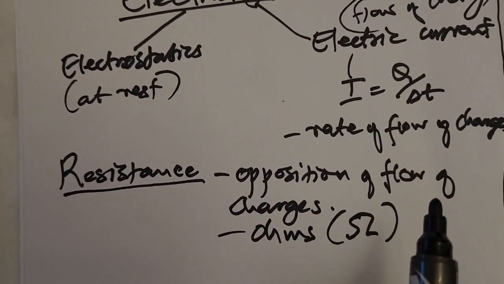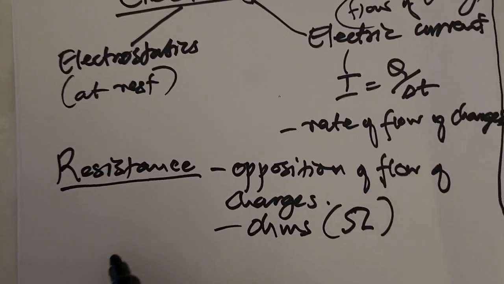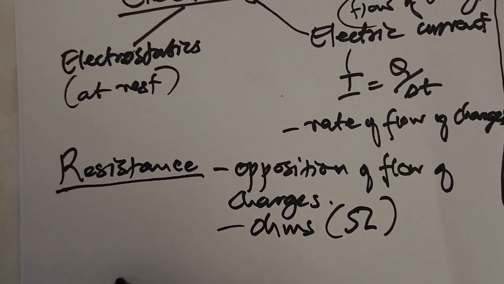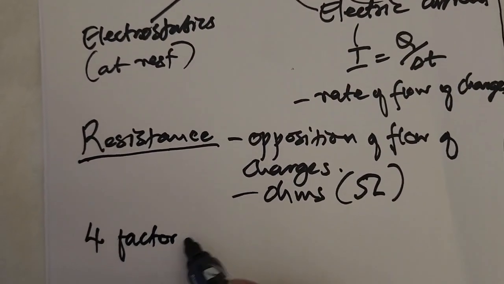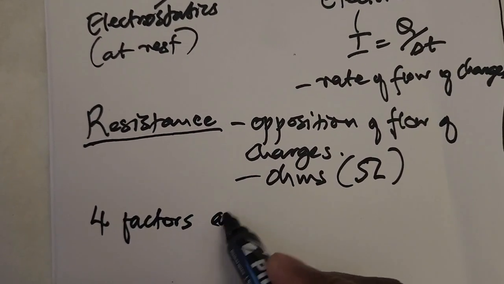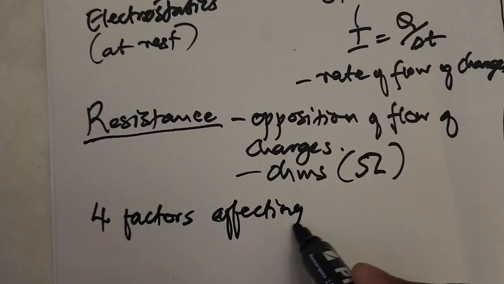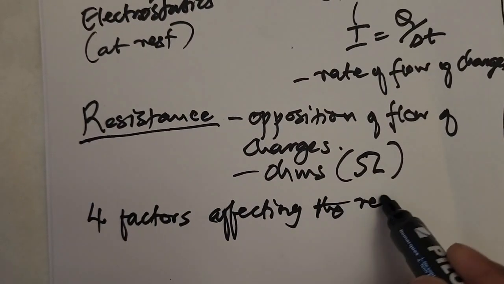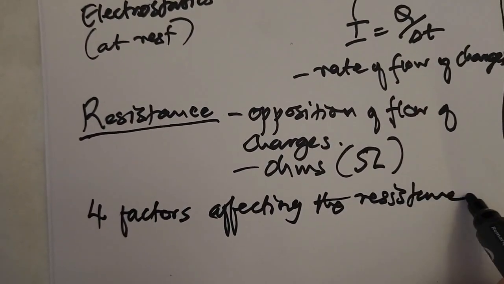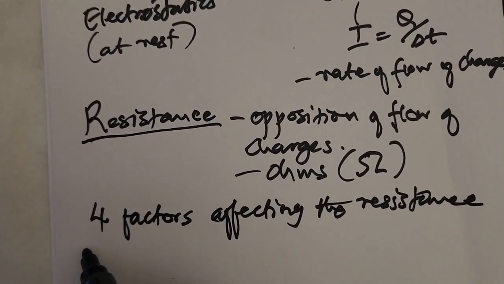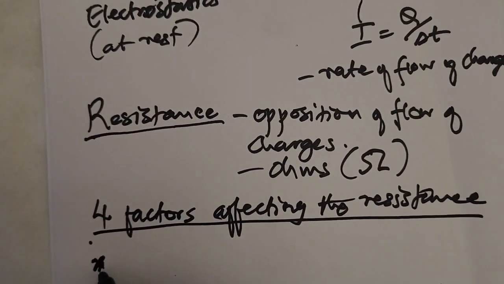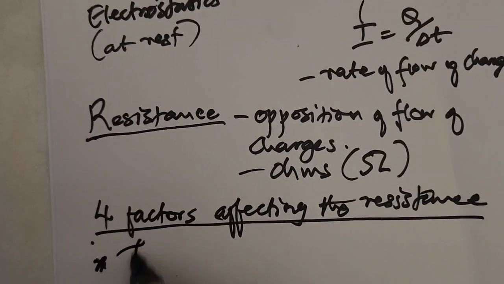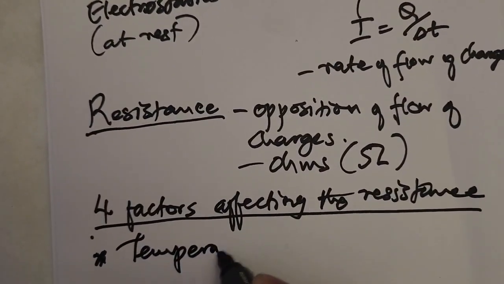Also, in grade 10, we learned that there are 4 factors affecting the resistance of a metal wire. One of them is temperature, top of the list, very important.